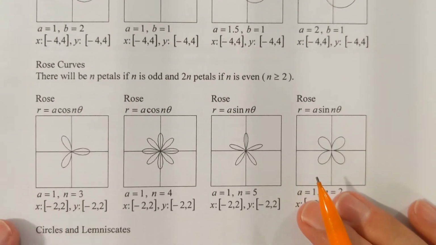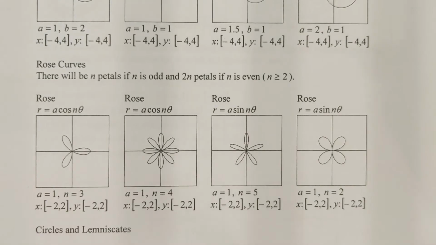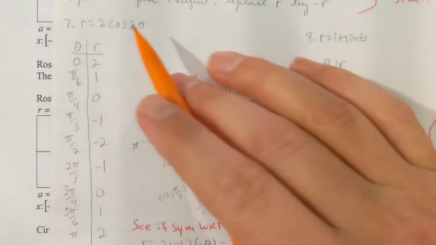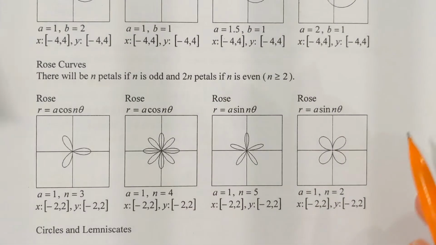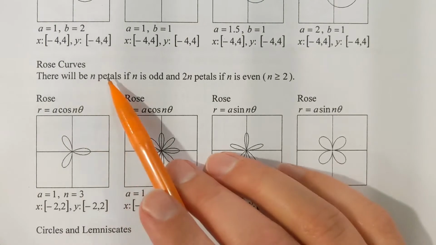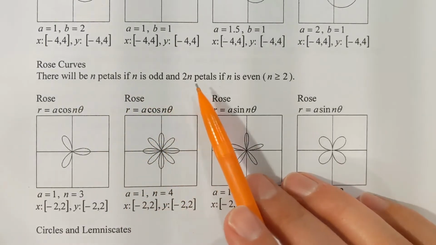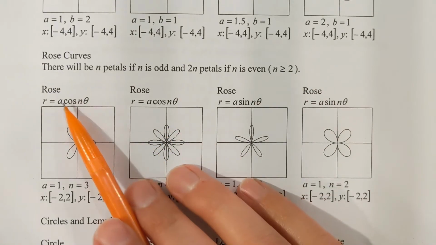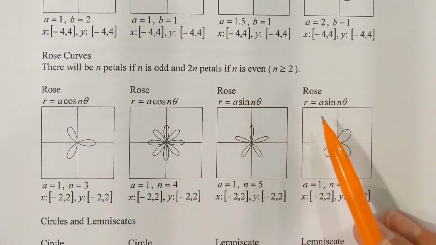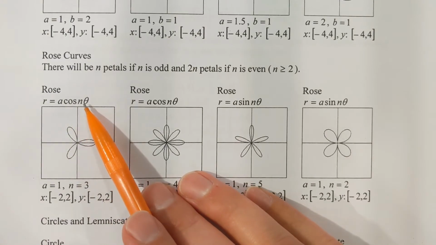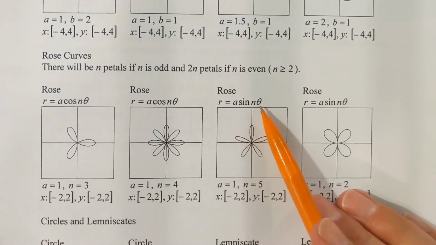We talked about a rose curve. One of the problems that I had shown you earlier was a 4-leaf rose. We drew that by hand. When it comes to rose curves, there's going to be n petals if n is odd and 2n petals if n is even. Here's just kind of the general form of knowing when you have a rose curve. r equals a cosine n theta, or r equals a sine n theta.